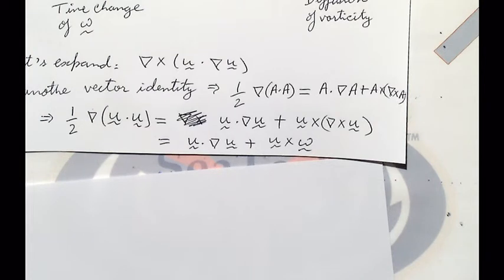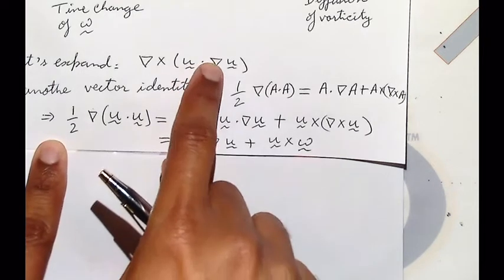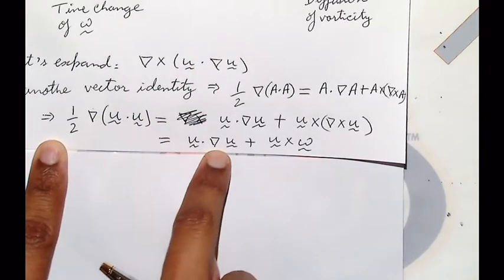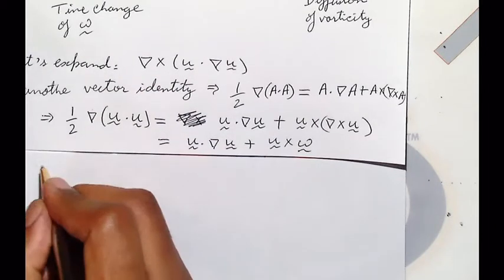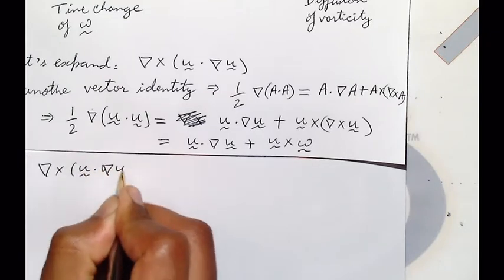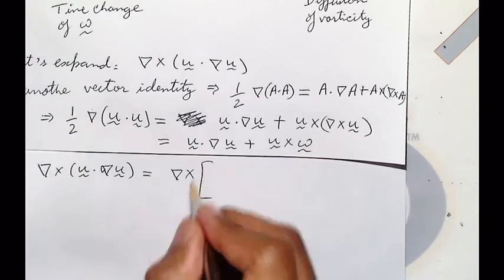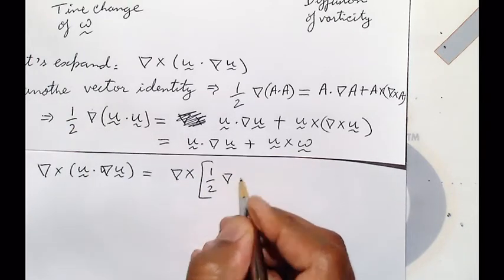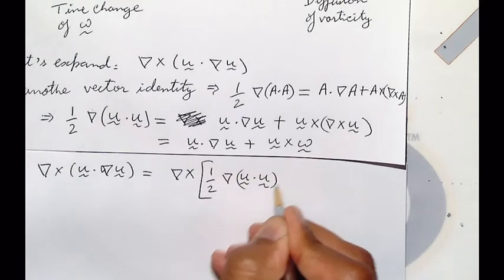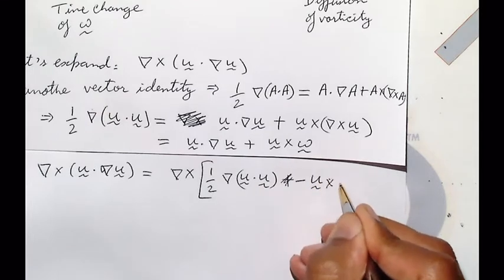I think we should multiply nabla next. Yeah, I'm just expanding the inside for now. So this term is exactly this here. So I can write nabla cross u dot nabla u becomes nabla cross this guy minus u cross omega.